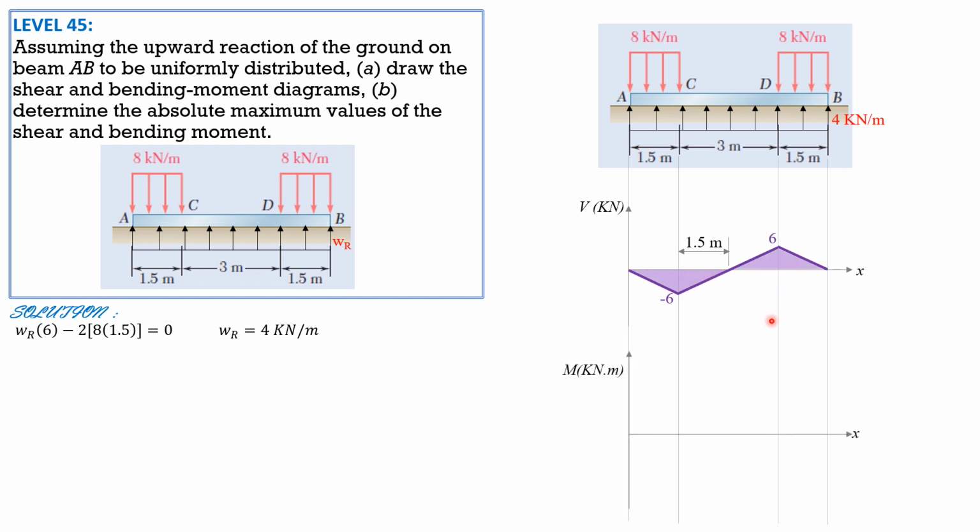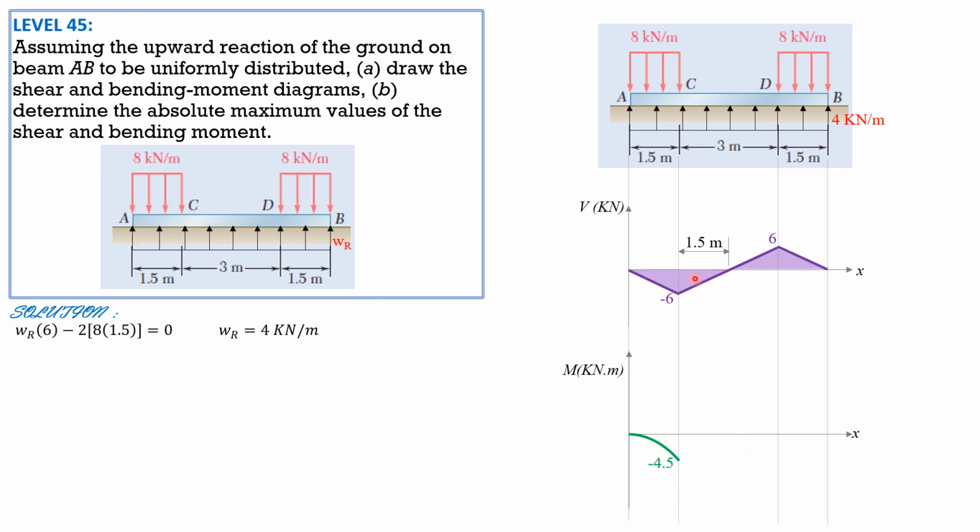For the moment diagram, beginning with 0 moment at A, this is from horizontal slope to negative 6 slope. So we connect them with a concave downward curve like that. And the area is 1/2 of 1.5 times negative 6. That would be negative 4.5, concave down. Then from here to here, the slope is horizontal.